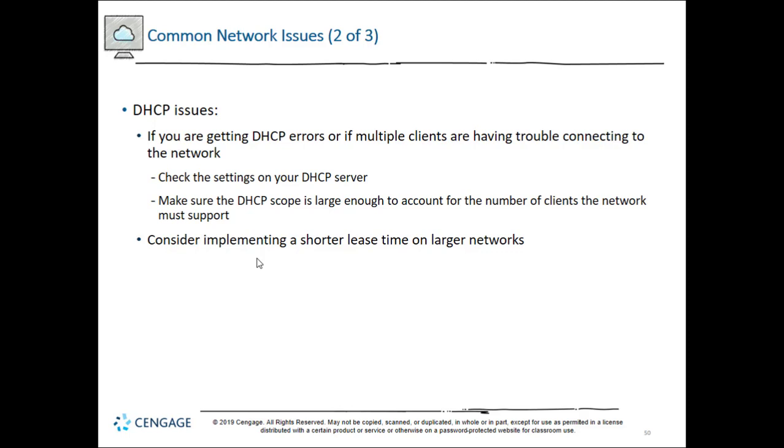So if you've got 50 addresses available for your restaurant and your lunch crowd comes in, 50 people at lunch, they leave, the dinner crowd comes in, and they can't get on Wi-Fi because the people who were at lunch have the IP address assigned to their devices.